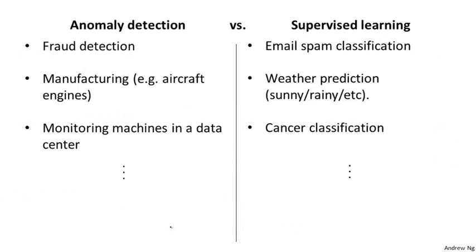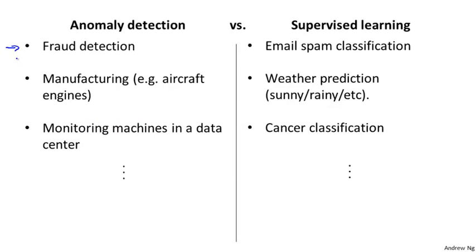If we look at some applications of anomaly detection versus supervised learning, in fraud detection, if you have many different types of ways for people to try to commit fraud and a relatively small training set, a small number of fraudulent users on your website, then use an anomaly detection algorithm.